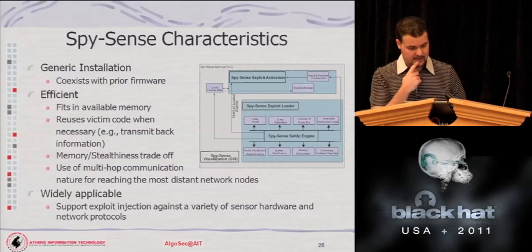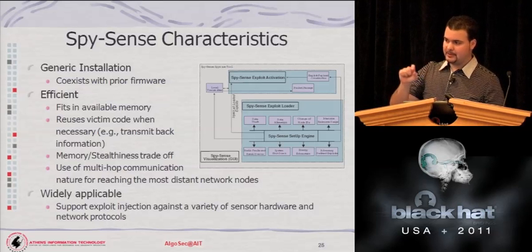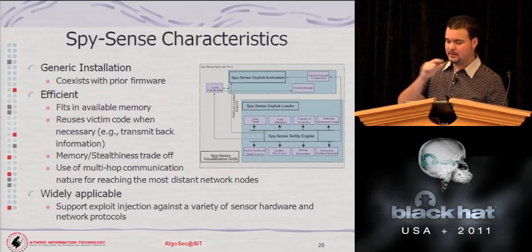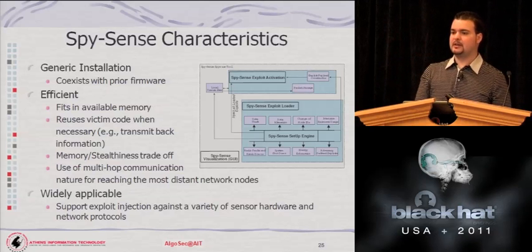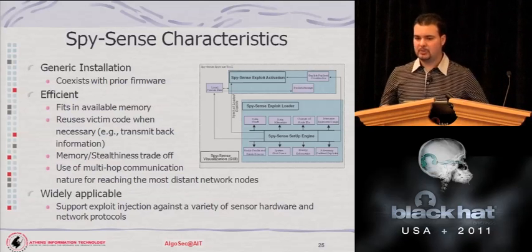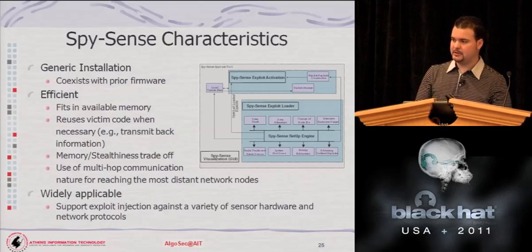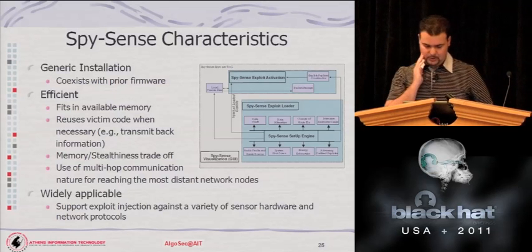We have a memory stealthiness trade-off, meaning that we can add some instructions in each one of the shellcode exploits in order to delete the signature of the exploit once executed, so that the administrator, if he gets his hands on the node, is not able to see the traces of the exploit. But as you can understand, we have to add more instructions, and then we have to use more memory.